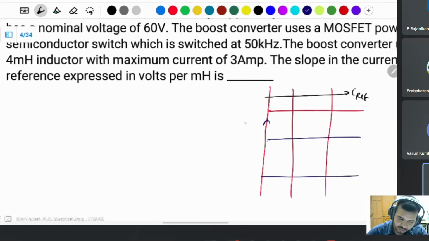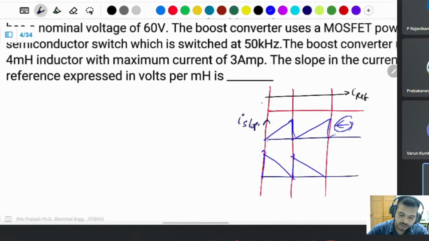Asking about this slope, which is like that. Then if you subtract this from this, you get this type of sawtooth waveform. Then what is this slope? That is what the question is asking. The boost converter looks like that.